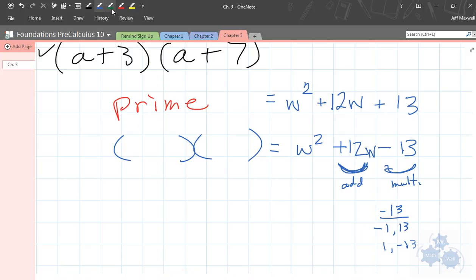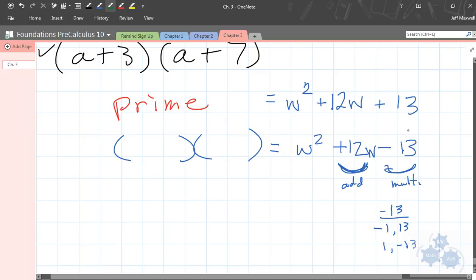So in your process, you may have to write down factors of this last number. Which one of these would add up to positive 12? Yeah, the first one. So negative 1 plus 13, or 13 minus 1, is 12.